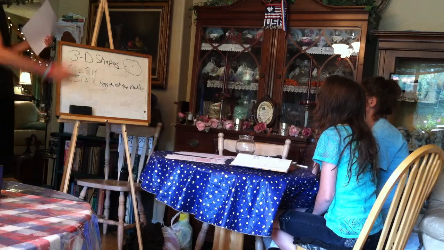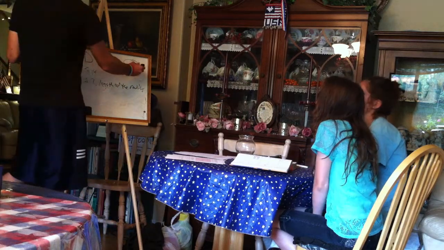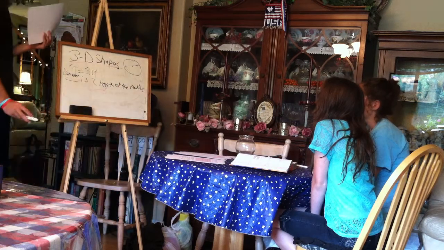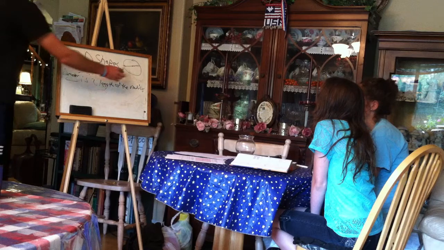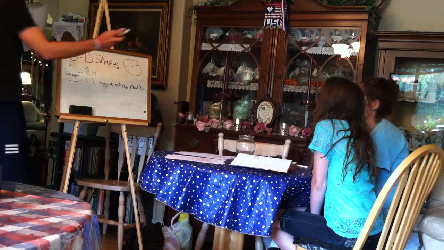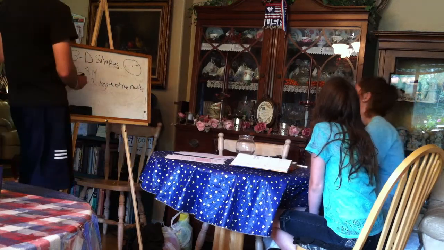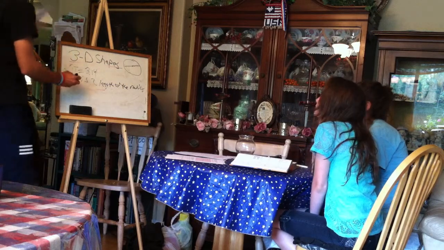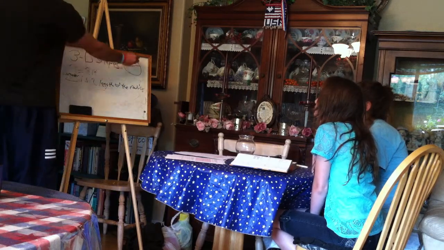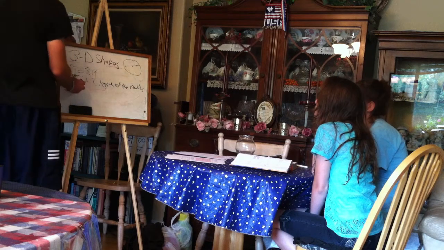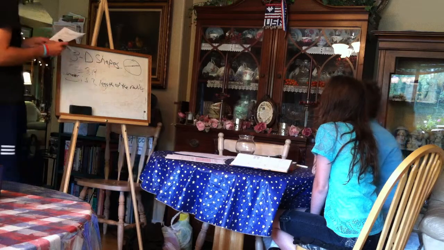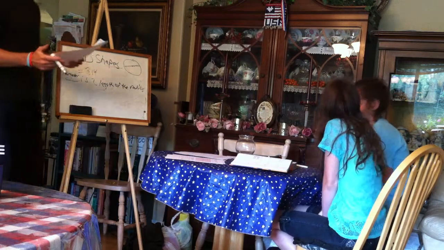Tessa? Radius. Good. Now if we make this line extend all the way across the whole circle, what would that line be called? Diameter. Good. And so that's actually our next question: what is the perimeter around the circle called? Circumference. Good job, Hannah. Excellent work.